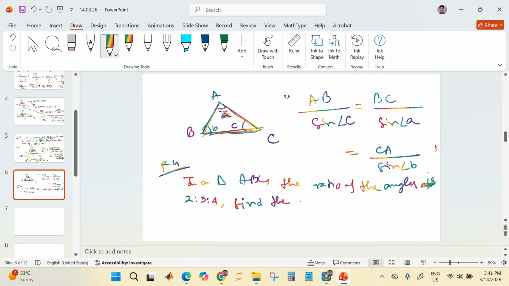Find the smaller sides if the largest side is 12 centimeter. Try করো। In a triangle ABC, the ratio of the angles is 2:3:4. Find the smaller sides. দুটো smaller side find করতে হবে, if the largest side is 12 centimeter. So first you have to identify which is the largest side. Then use the formula and get the answer.